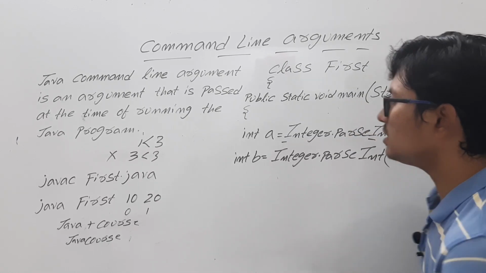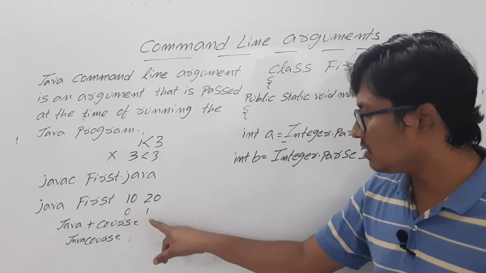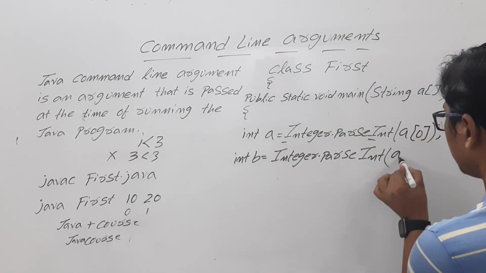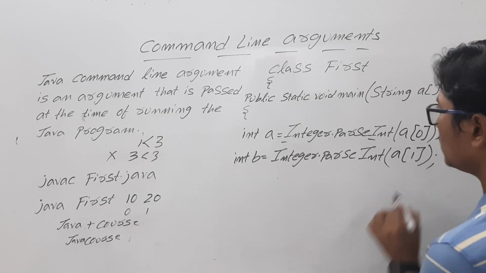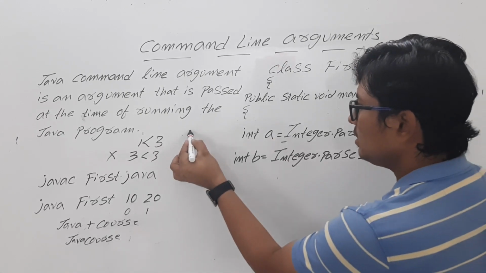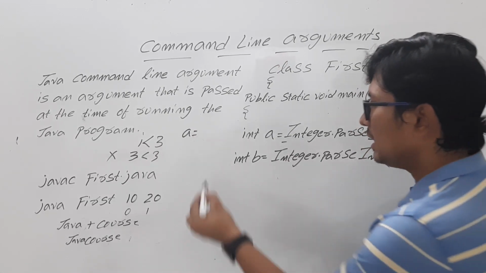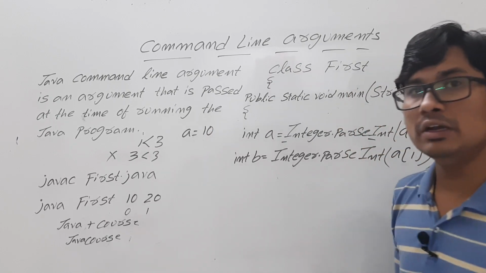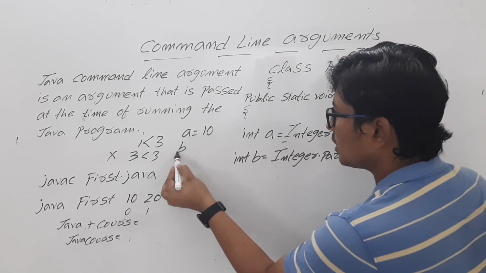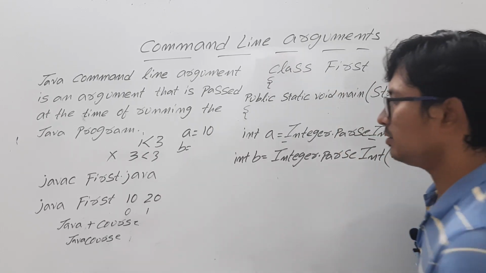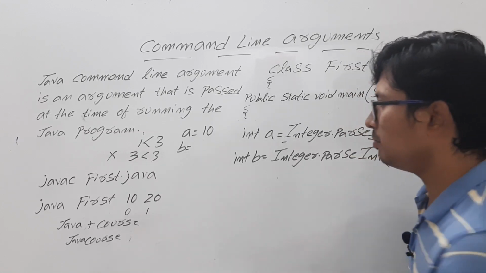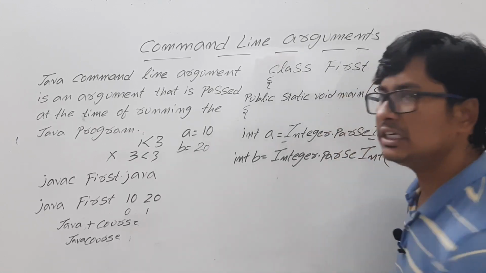Now the 20 is there in the array a at the index 1. So you need to give the array name and the index. Then in the variable a, integer constant 10 will be stored. If you check the value in the variable b, integer constant 20 will be stored.